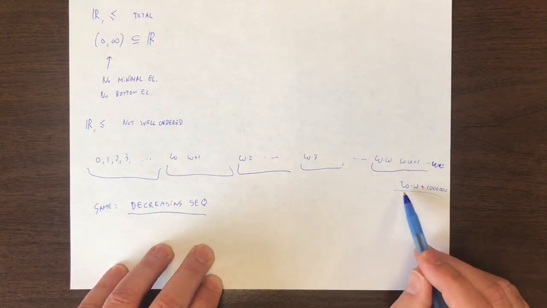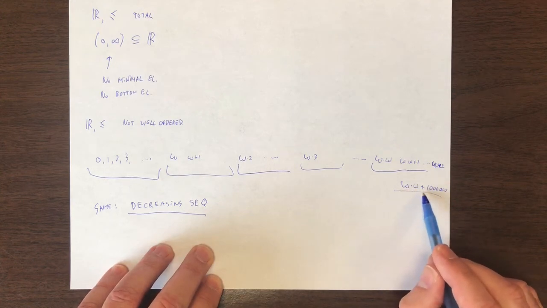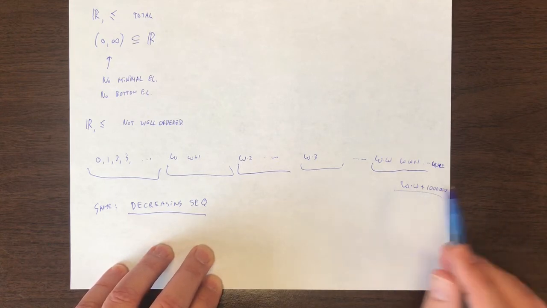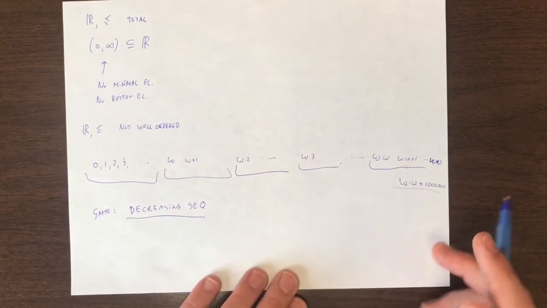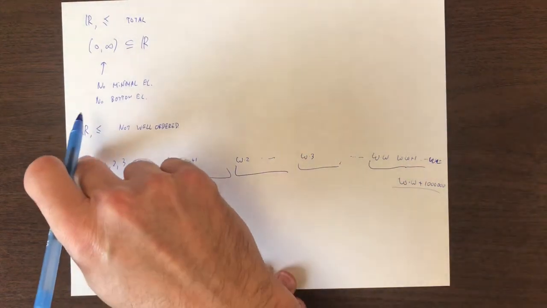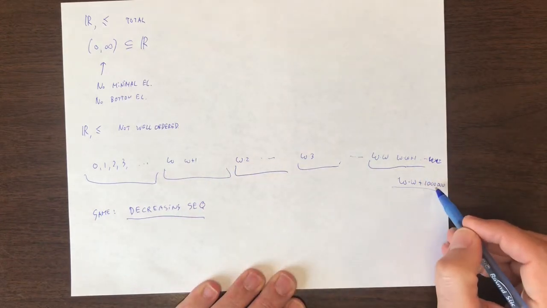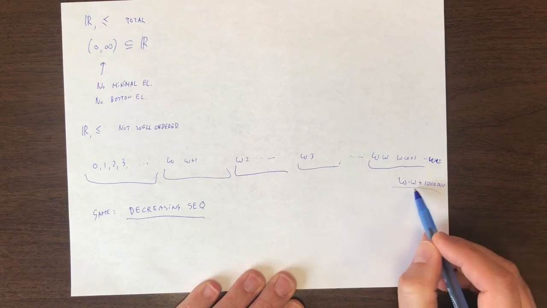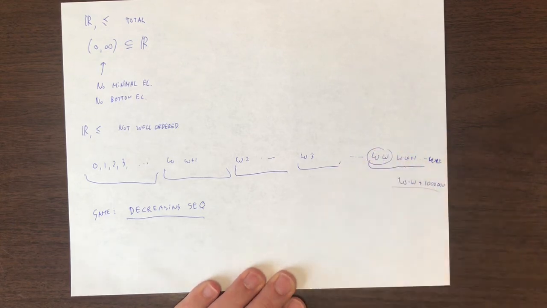You see? So let's say we're at omega times omega plus a million, and I want to have a really long decreasing sequence. I want to just keep going down, but I really don't want to end up there. So I can go down one step, and then one step, and then one step. But if I do that a million times, then I'm going to hit this ordinal.